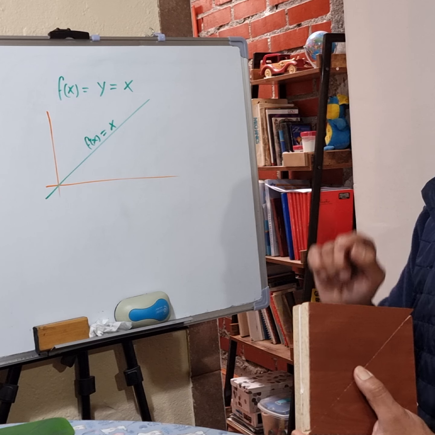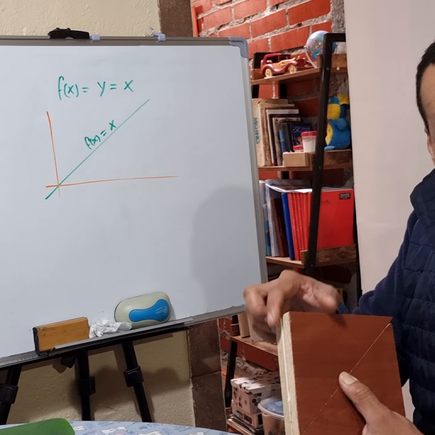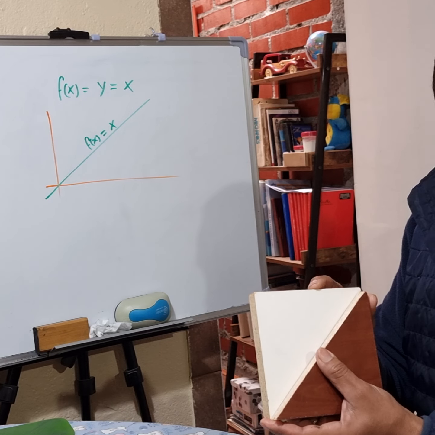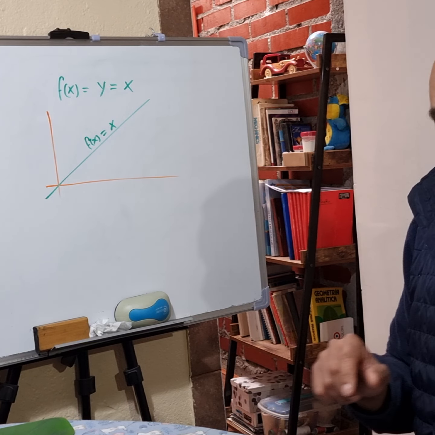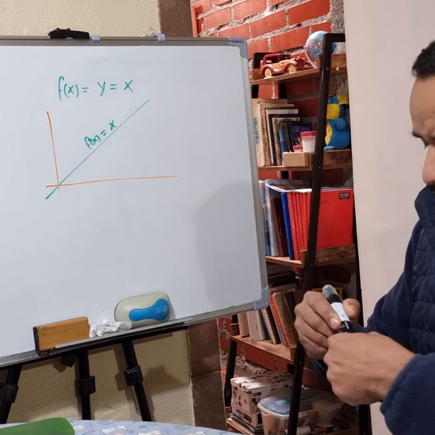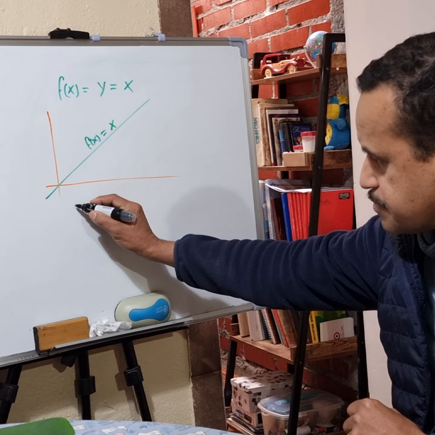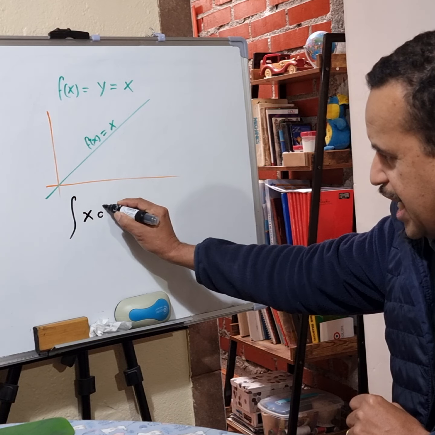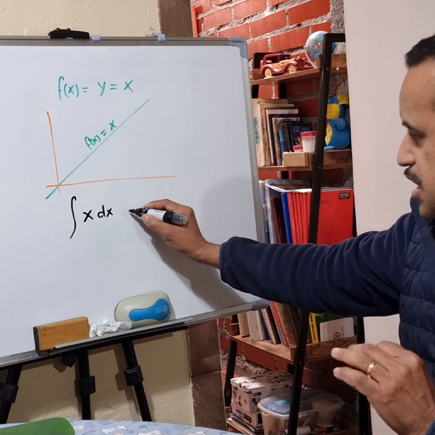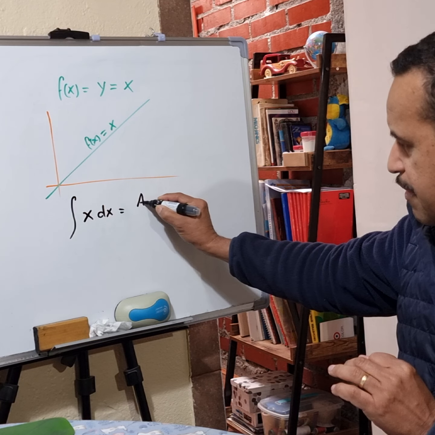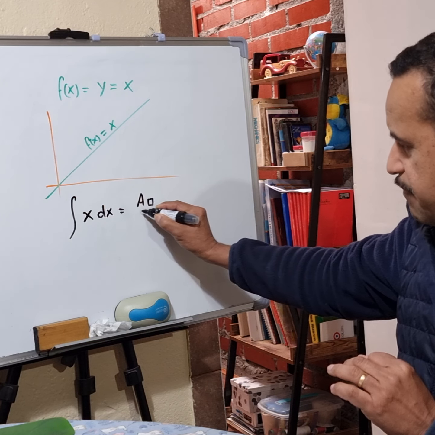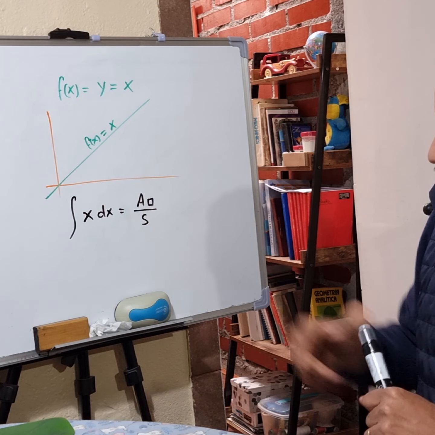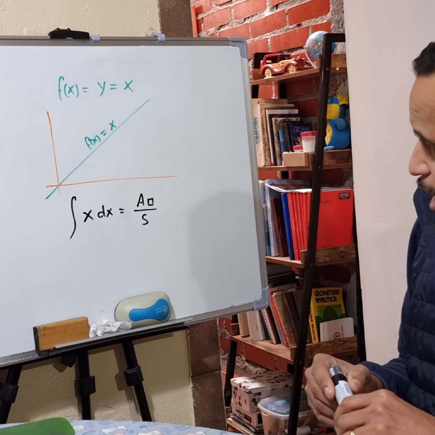We are going to say that the area of the triangle is the area of the square divided by the symmetry. That is to say, the integral of s ds is equal to the area of the square divided by the symmetry of that identity function.